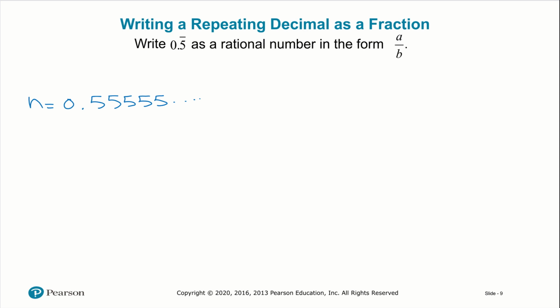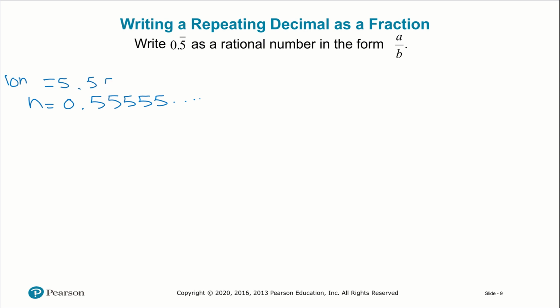All right. Now I notice that if I take this number n and multiply it by 10, in other words, if I look at 10n, I'm just going to move the decimal 1 over to the right, and I'm going to end up with 5 point.